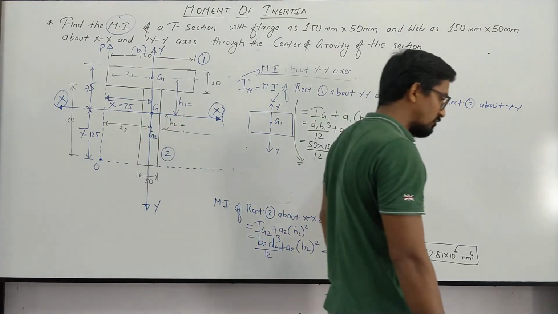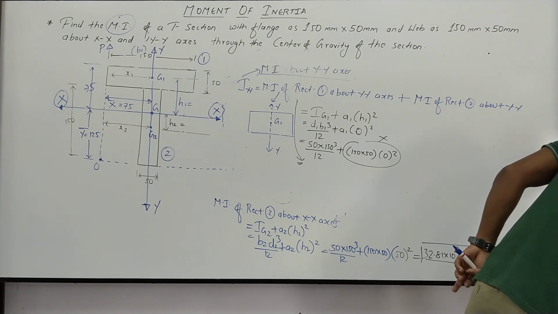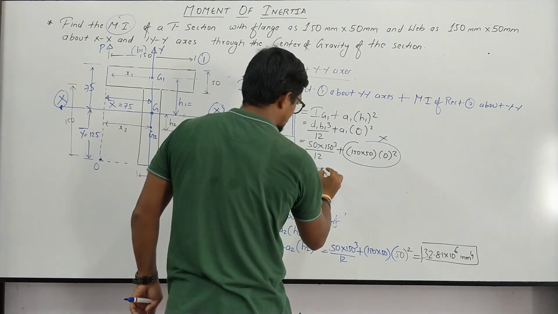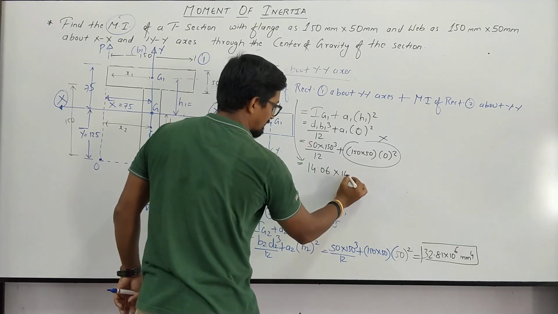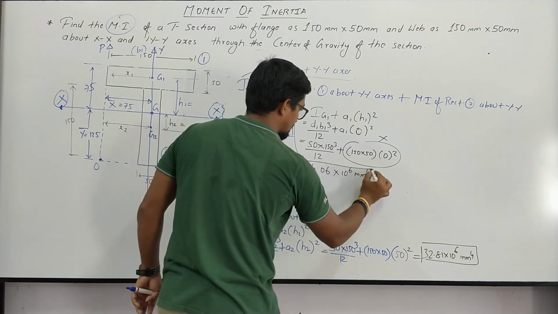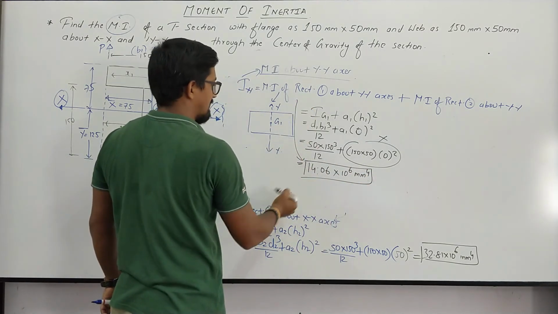So it is coming out to be 14.06 into 10 raised to 6 mm raised to 4. So this is the moment of inertia of rectangle 1 about y axis.